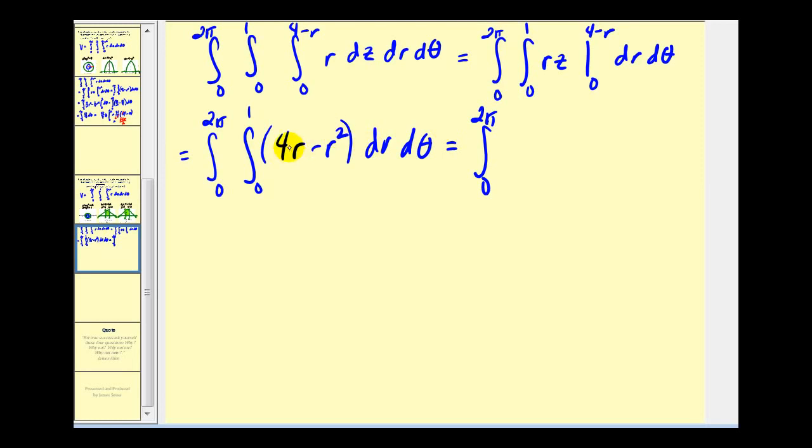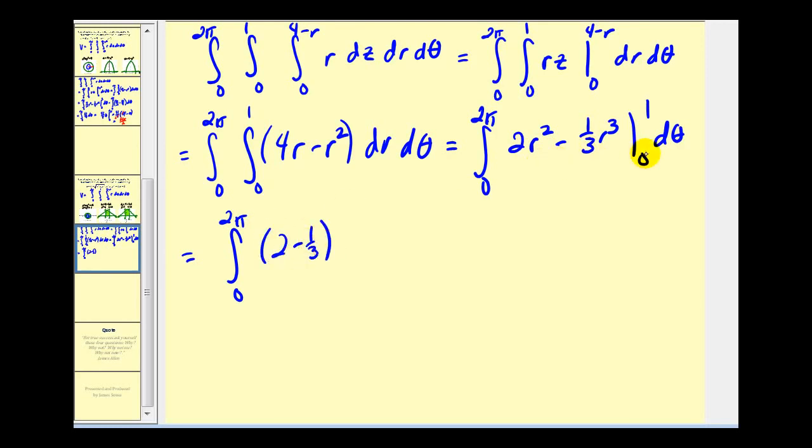Integrating this with respect to r, we're going to have 4 times r squared over 2, or 2r squared, minus 1/3 r cubed. Replacing r with 1, we're going to have 2 minus 1/3. And then when r is 0, these will both be 0. 2 minus 1/3 is 5/3.